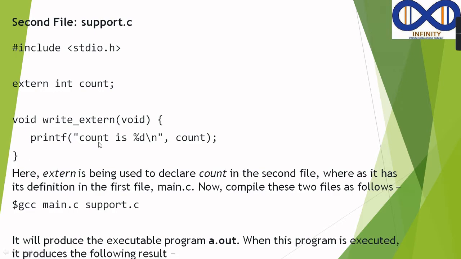It is going to print count using the percent d format. Here extern is being used to declare count in the second file, whereas it has its definition in the first file, main.c. Now compile these two files as follows.